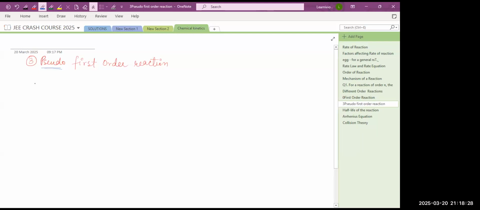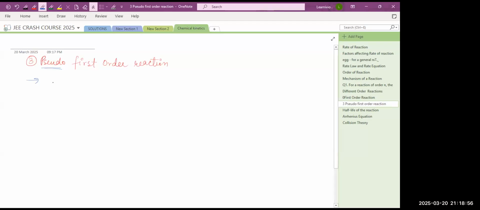And in the pseudo first order reaction, the concentration of the reactant which is present in excess doesn't affect the rate of reaction, so we don't consider it in the rate equation. I repeat, if the concentration of a reactant is present in excess amount, it doesn't affect the rate of reaction. Hence, we don't consider it in the rate equation.